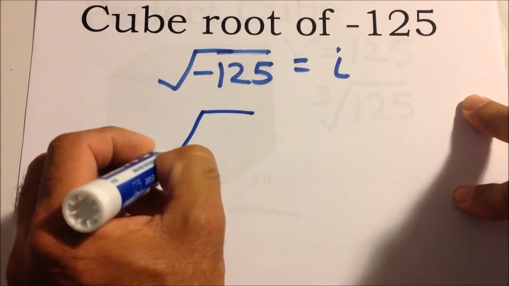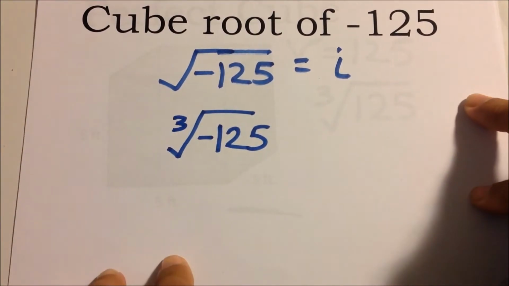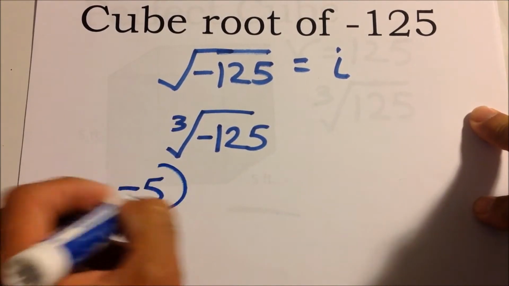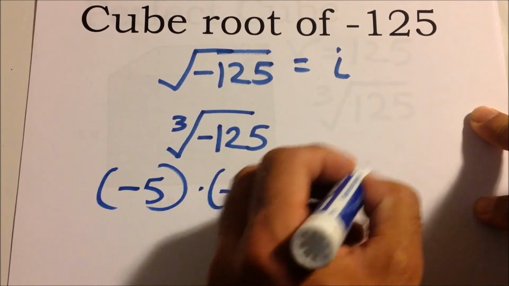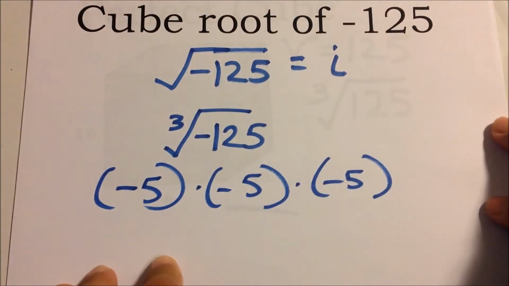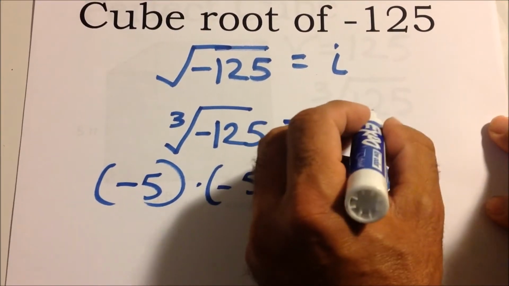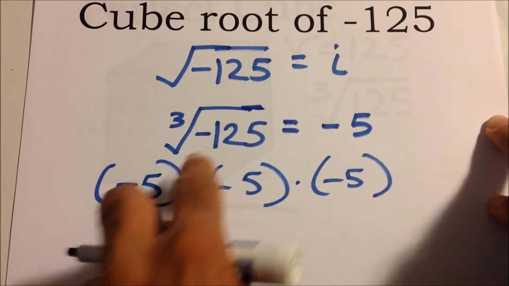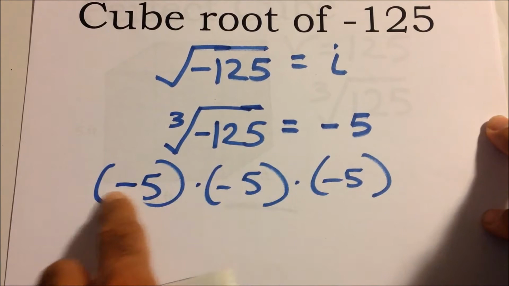But the cube root of a negative number can happen, because if you use negative 5 times negative 5 times negative 5, you'll get negative 125. So the answer here will be negative 5. So remember, negative cube roots can happen, but not square roots.